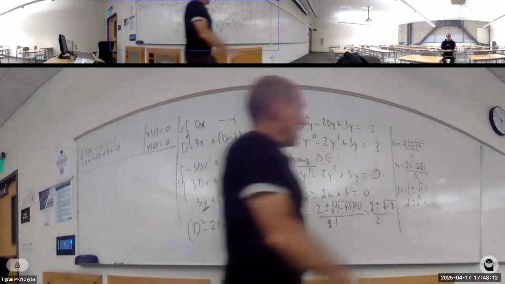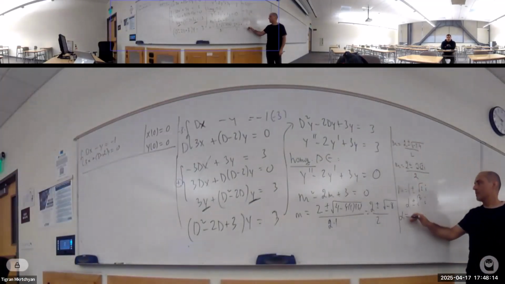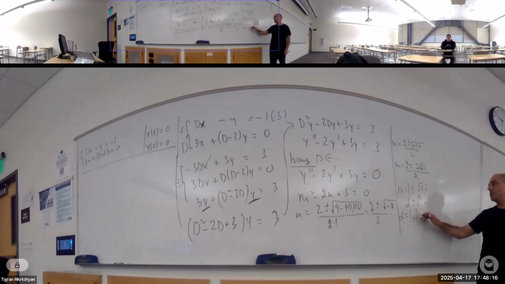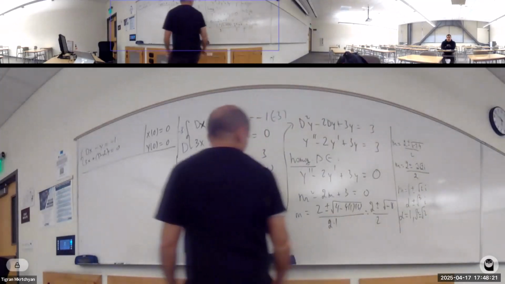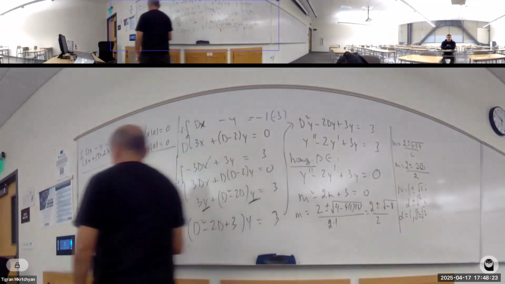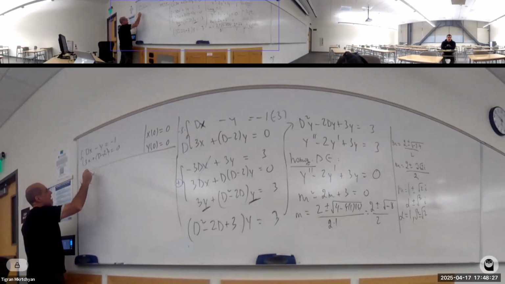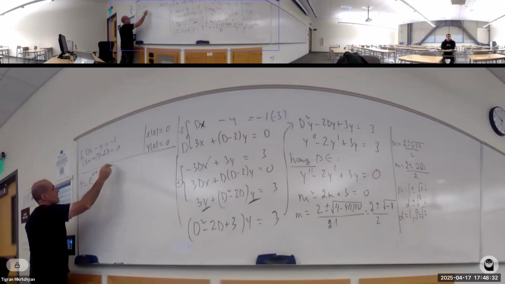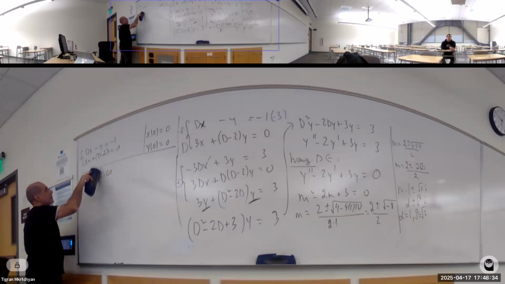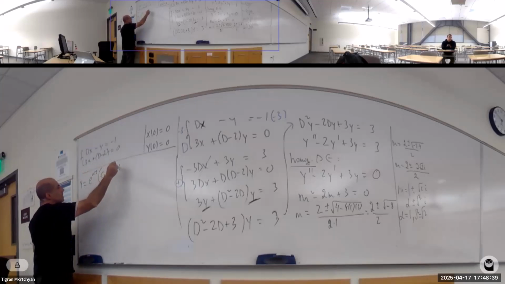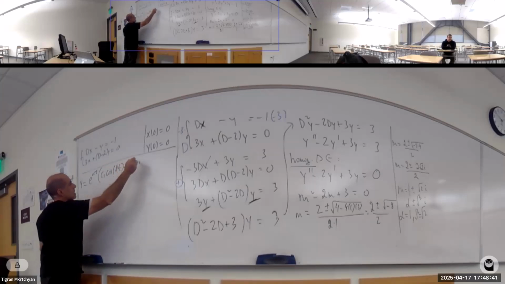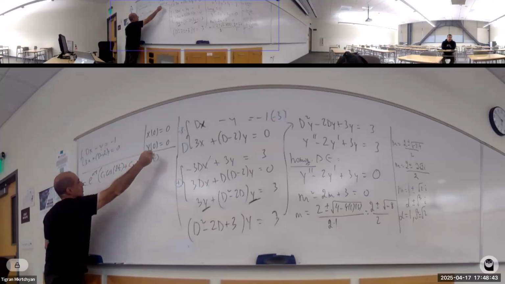So now we have alpha is 1, beta is root 2. I will write the formula, e to the alpha t times c1 cosine of beta t plus c2 sine of beta t.